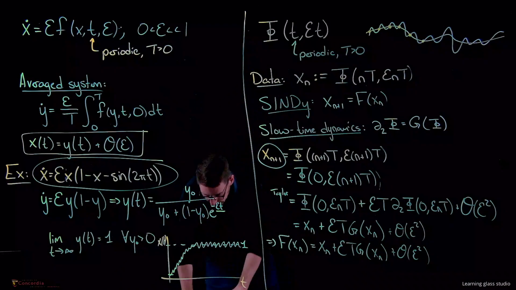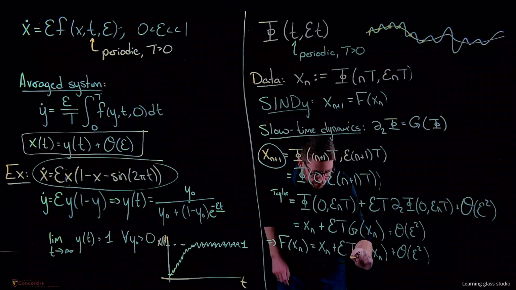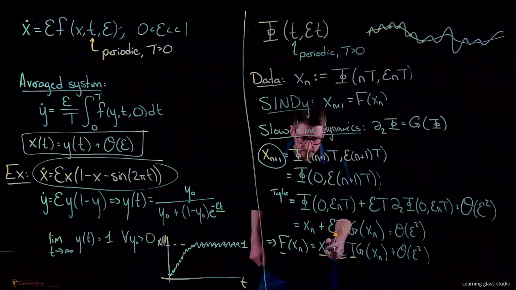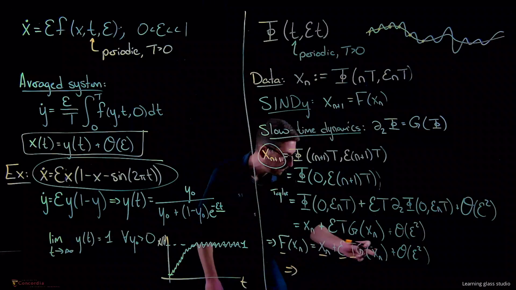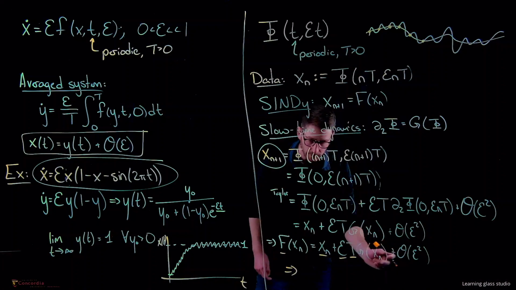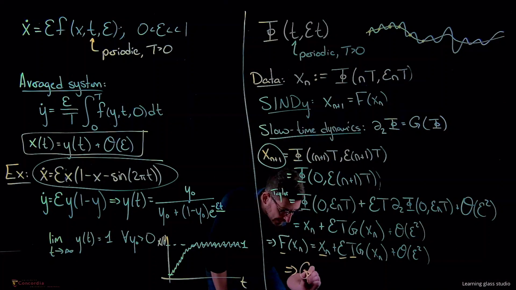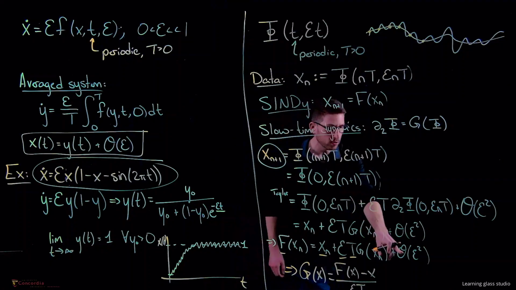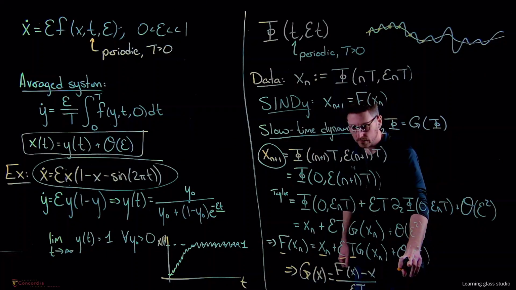Now, think about the things that we know. I know capital T. I hope that I know epsilon. I know xn, and I know f. That means that I can rearrange this thing, if I drop the order epsilon squared corrections here, and I could get g, the slow drift dynamics in the background, as f minus x divided by epsilon capital T, up to an order epsilon squared correction.